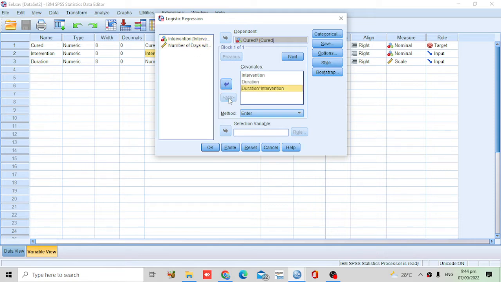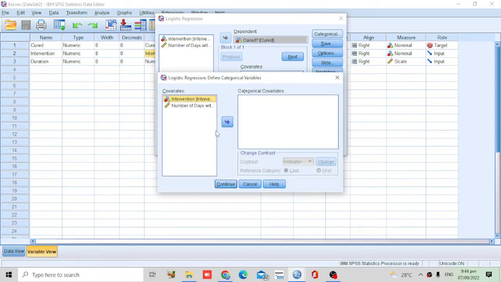Okay, because in SPSS we have to consider yung categorical variable. So since we have categorical independent variables, kailangan ilagay natin siya dito sa categorical covariates so that our results will definitely be accurate and consistent with the interpretations.